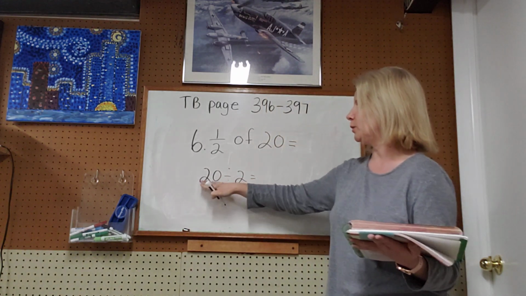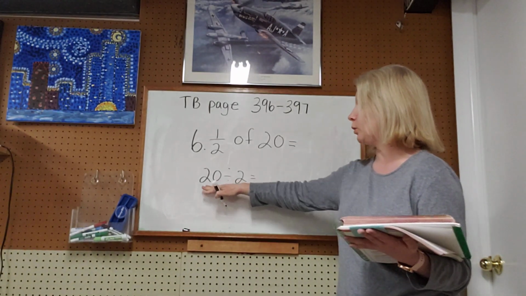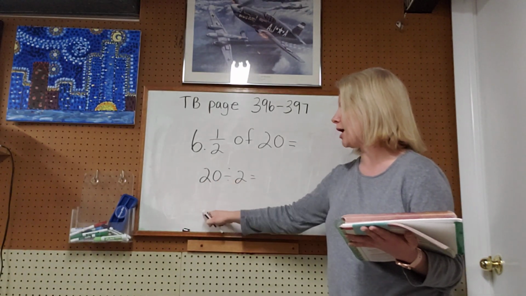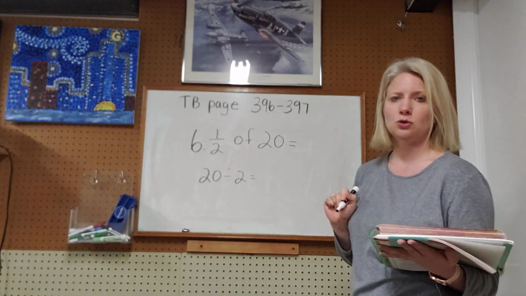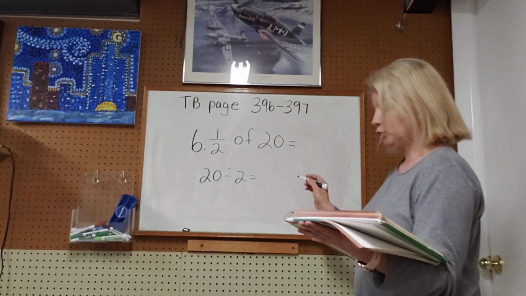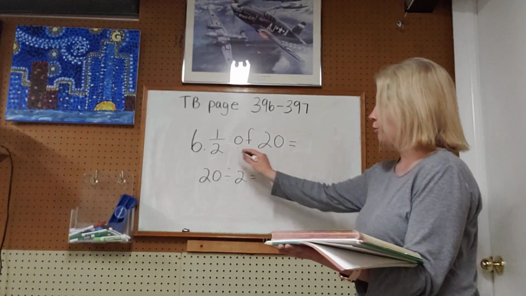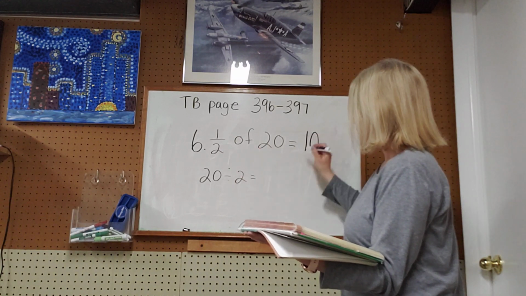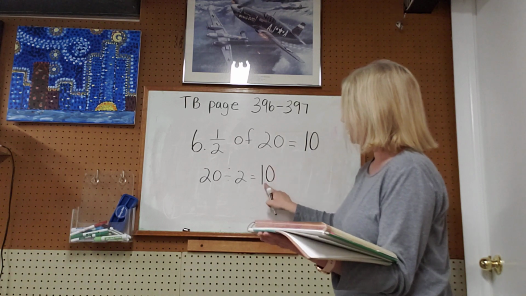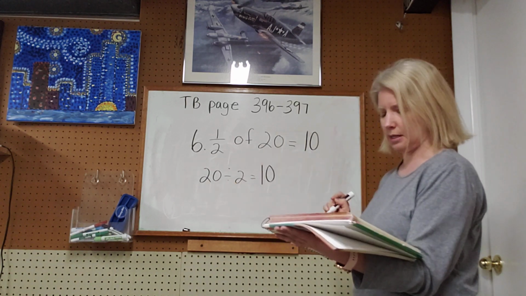What times 2 gives me 20? Or you could draw out 2 groups and count them out till 20 to see how many was in each group. Or draw out 20 like it is in your book and divide them into 2 parts. The answer is 10, because 10 times 2 equals 20. So half of 20 equals 10.